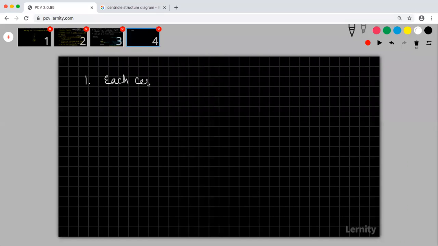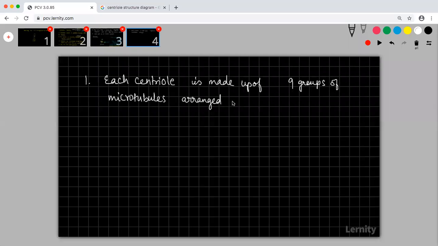Each centriole is made up of 9 groups of microtubules arranged in a circle like a wheel.